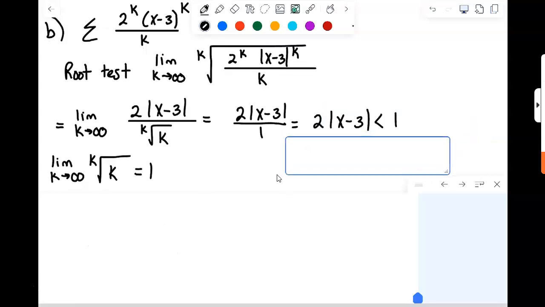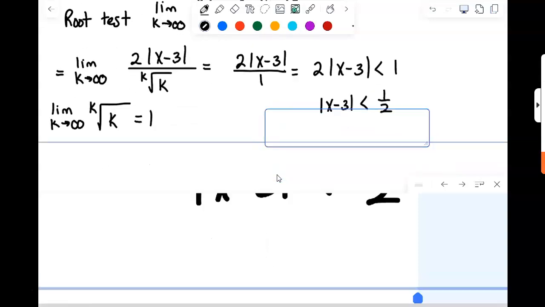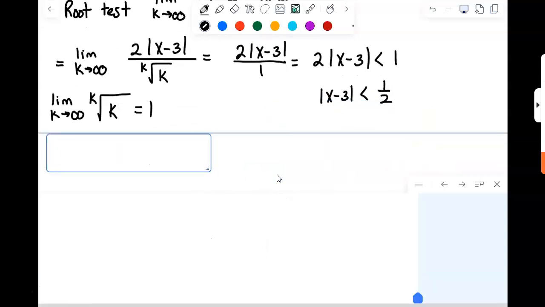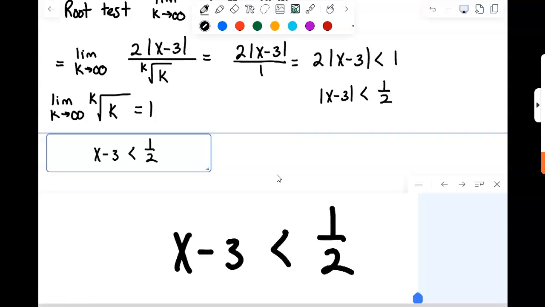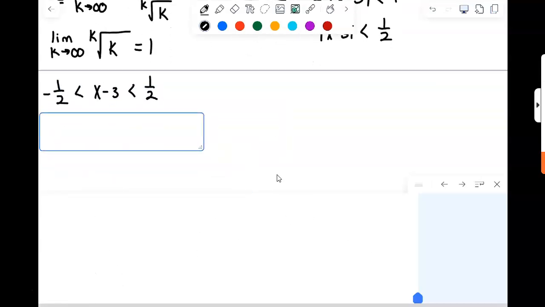So working with that, I can get the absolute value of x minus 3. Bring the 2 over. It's less than 1/2. That would mean that x minus 3, since it's less than that, will either be smaller than 1/2 or bigger than negative 1/2. And then we add 3 to both sides to solve for x.